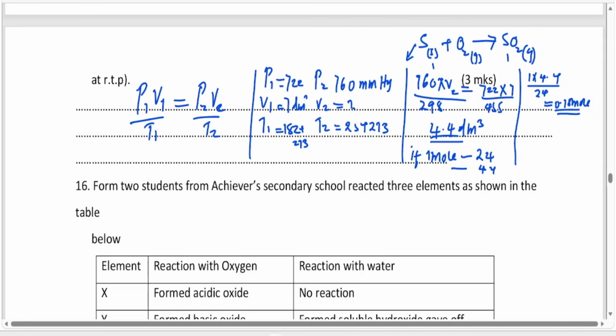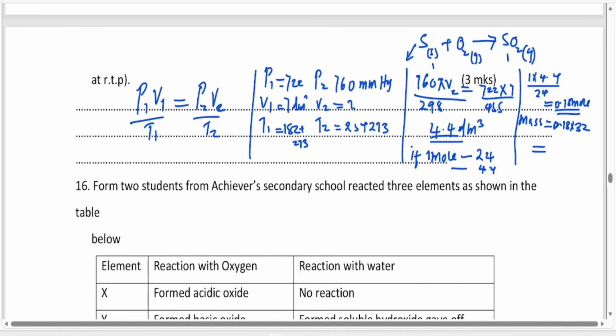So mass of sulfur will be given by moles times molar mass, which is 0.18 multiplied by its molar mass, which is 32.